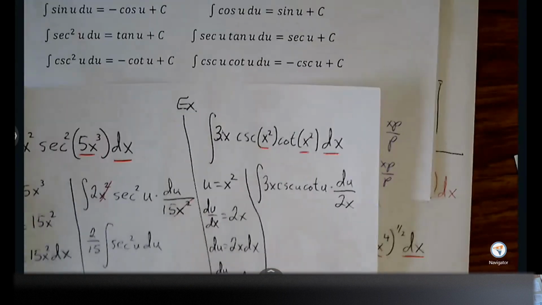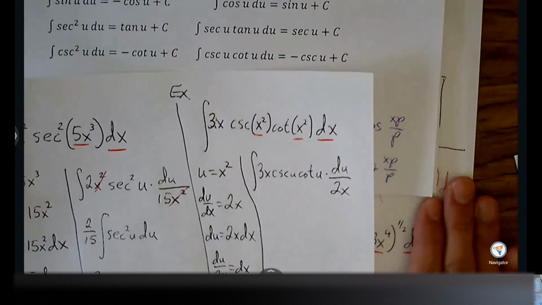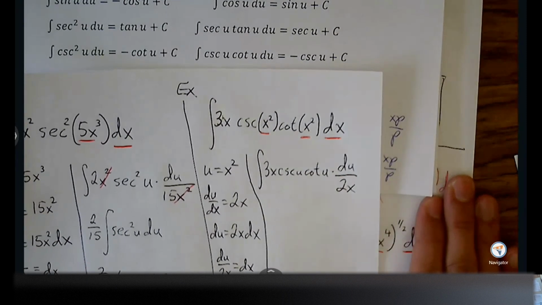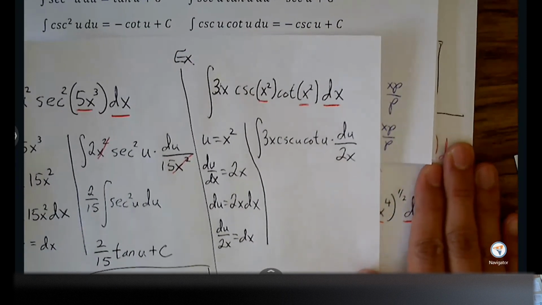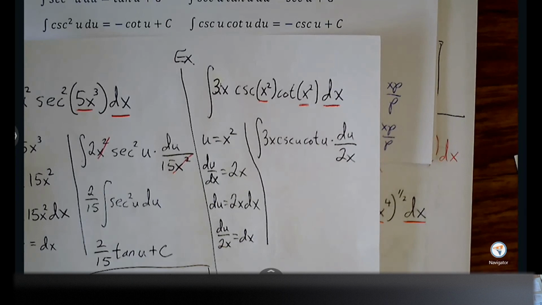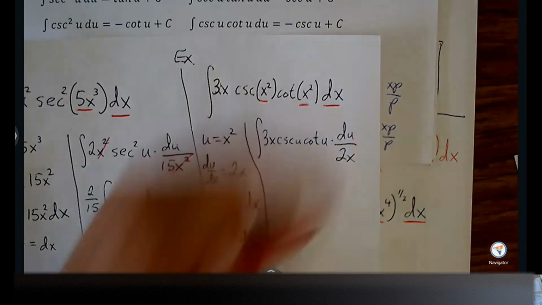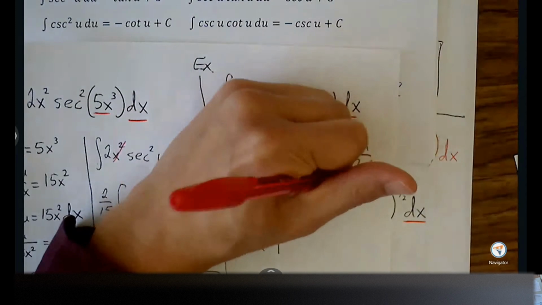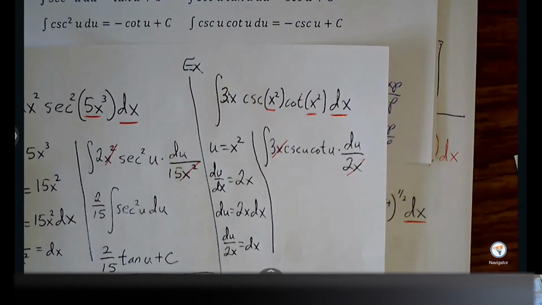Okay. Do you see the rule kind of forming its shape here? Okay, what can we do next? But we still got to keep track of the what? Which is?